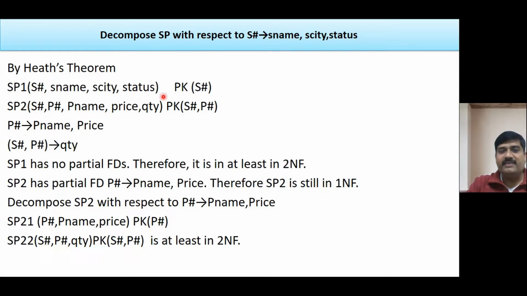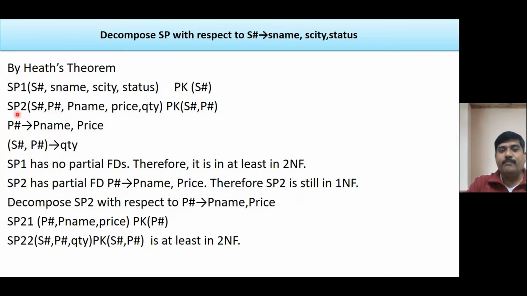So there is no partial functional dependency in SP1. But in SP2, the candidate key is S number, P number, and here P number determines P name and price. So a partial dependency still exists in SP2. So we can say that SP1 is at least in second normal form, but SP2 has a partial FD, P number determines P name, price. Therefore, SP2 is still in first normal form.